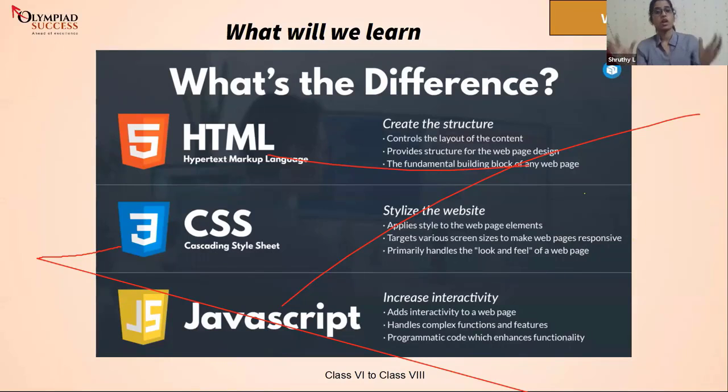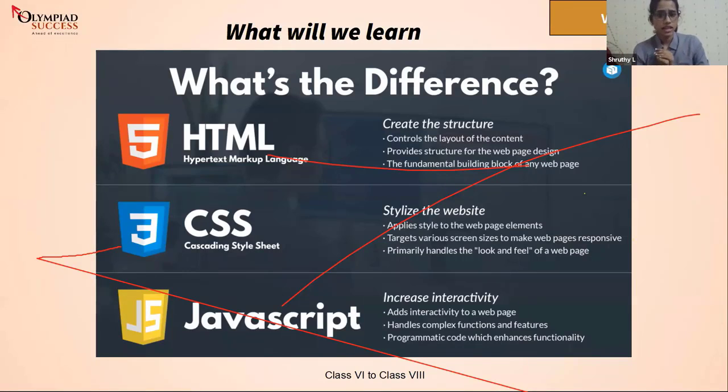The basic structure is entirely based on HTML. So we'll go quite in depth with respect to HTML. We learn a lot of stuff in HTML, a lot of tags and everything of that sort, right?